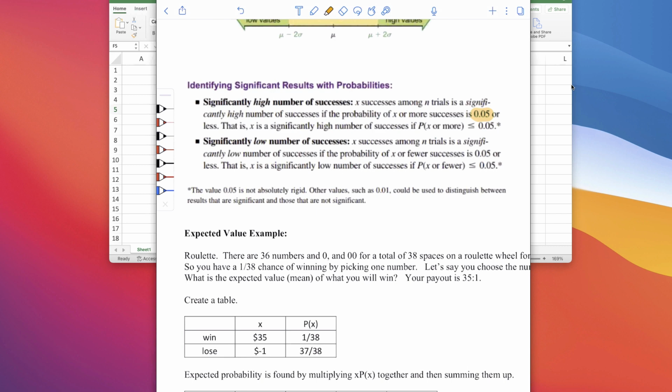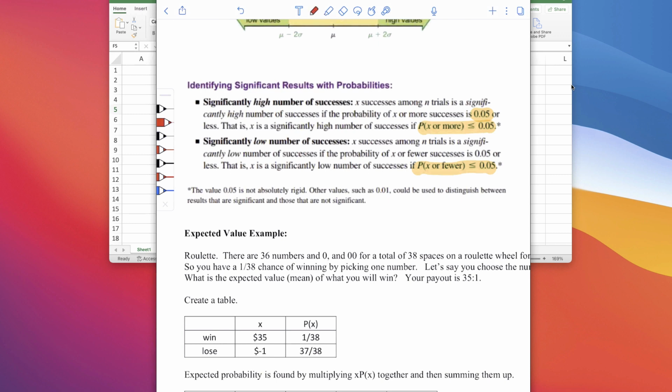And a significantly low number of successes is when the probability of that many or fewer successes is 0.05 or less. If you find something that's not happening often, that means it might be significantly high or significantly low.